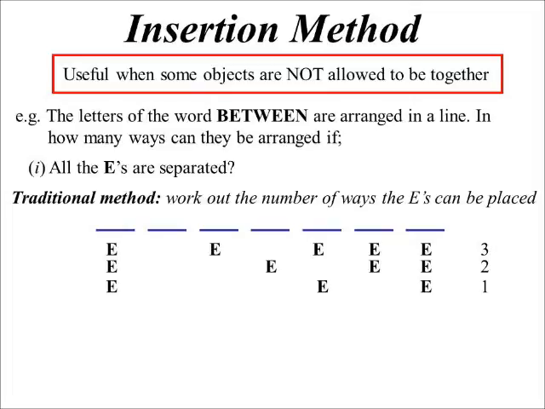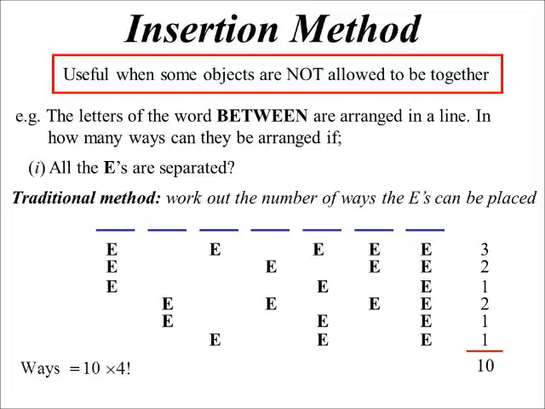I could have it in the second and the fourth, but then the third one could go in 2 positions. Second and the fifth, and then there's 1 way. So that uses up all the ones where the first one's in the second position. I could have one in the third, the fifth, and the last, and that should be the last of them. So there are 10 different ways I could place the E's.